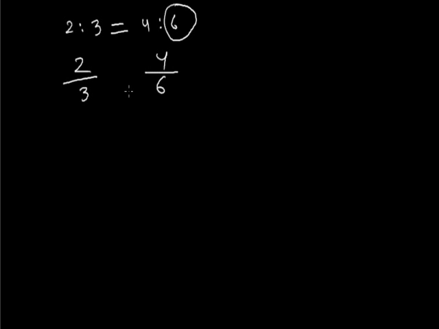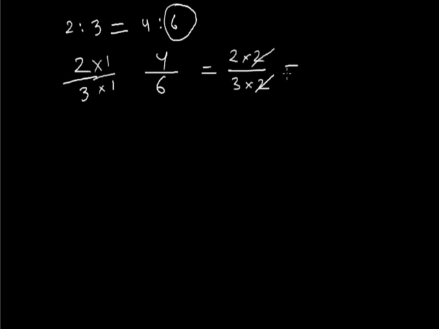We can verify the result because 2 ratio 3 must be equal to 4 ratio 6, since I have got the value of x as 6. Now you can check that 2 ratio 3 is 2 upon 3 and 4 ratio 6 equals 4 divided by 6. There is no common factor other than 1 in the first fraction, while in the second fraction I can write 4 upon 6 as 2 multiplied by 2 in the numerator and 3 multiplied by 2 in the denominator.